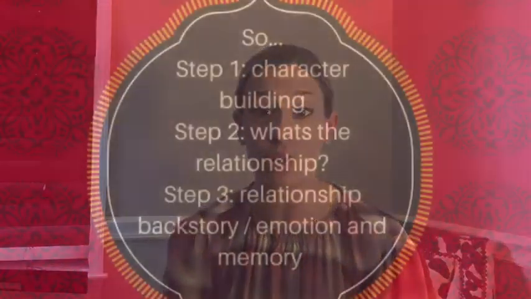The backstory tools being how and why did we meet each other, how long have we known each other, all the typical bullet points of any of your relationships out in the regular world.